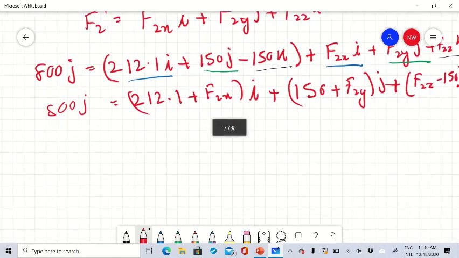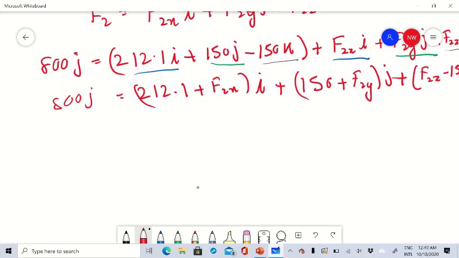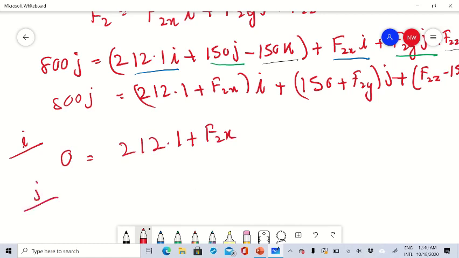So from here we can say, what is the value of the i terms? It is 0, right? So if we compare the i terms, then this side it is 0, which is equal to 212.1 plus F2x, right? So if I compare the j terms, then here value is 800, which is equal to 150 plus F2y.